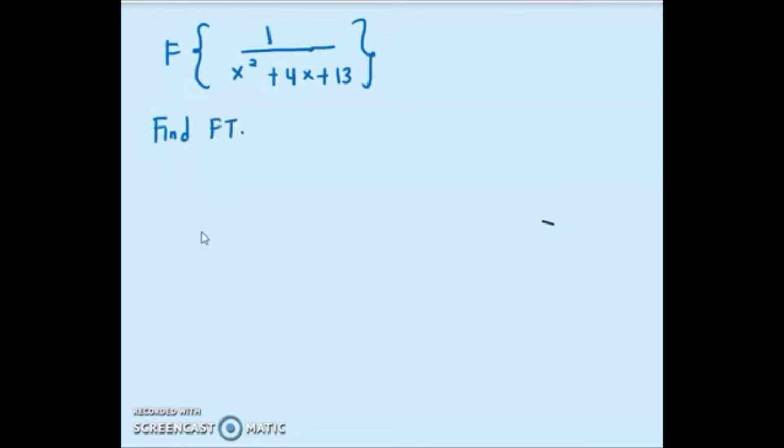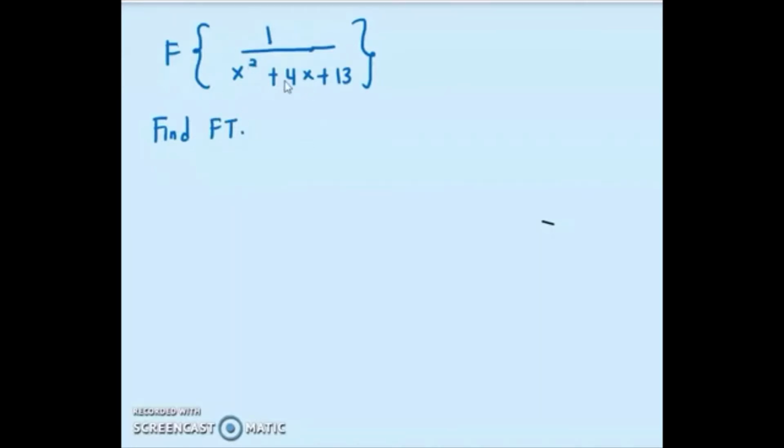Find the Fourier transform of 1 over x squared plus 4x plus 13. So we want to find the Fourier transform, similar to the previous example.